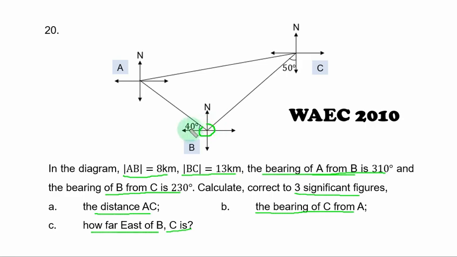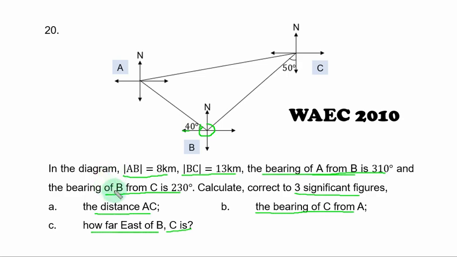From north to this line is 270 degrees, the third quadrant in clockwise direction. To have 310, you need to add 40 degrees. So from the third quadrant to this point is 40 degrees. That is why this angle here is 40 degrees.